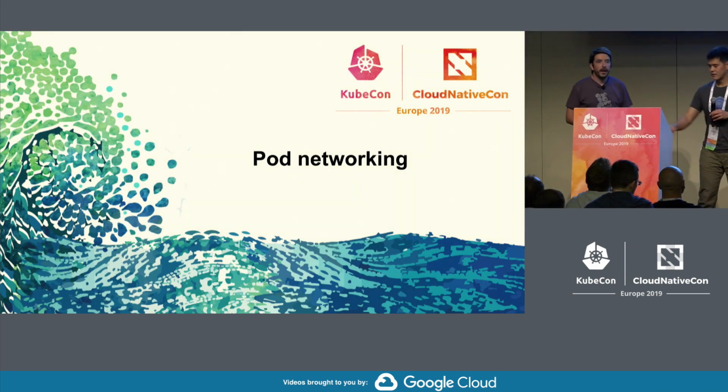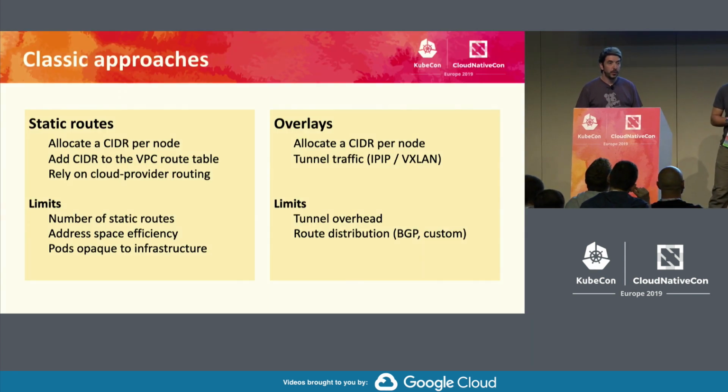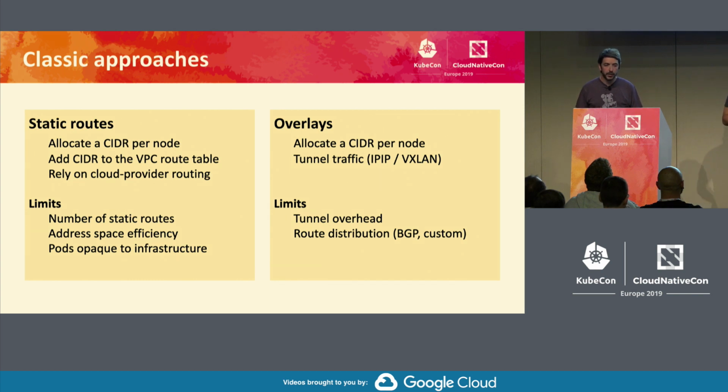Pod networking is the way to give interfaces and IP addresses to pods. There are many different ways to do it. The simplest one that many people have tried when they get started is to use static routes. The way it works is you give every node in your cluster a CIDR, and then you use the cloud provider routing table, and you add static routes for each CIDR pointing to the nodes.